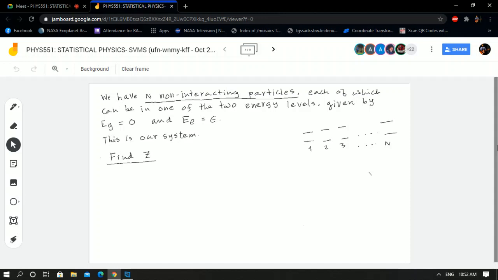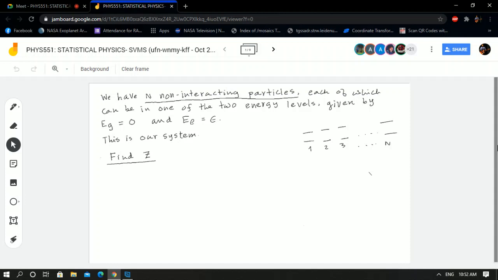Since it is two energy levels, we have non-interacting particles, each of which can be... So Z is equal to summation of exponential to the power minus beta E_i. Since each particle can take two energy levels, that is 0 and epsilon, the summation will be over 0 and epsilon.